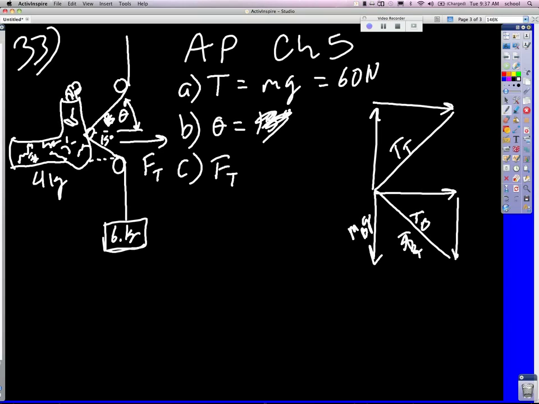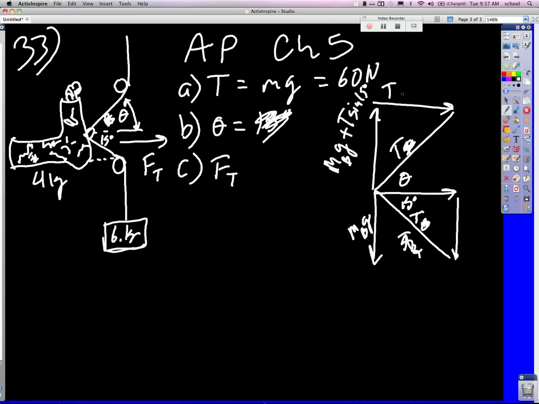Yeah. This one's got to be mbg plus T sine 15. And then this one is just going to be whatever, T cosine theta. This is, of course, T cosine 15, and this one is T sine 15.